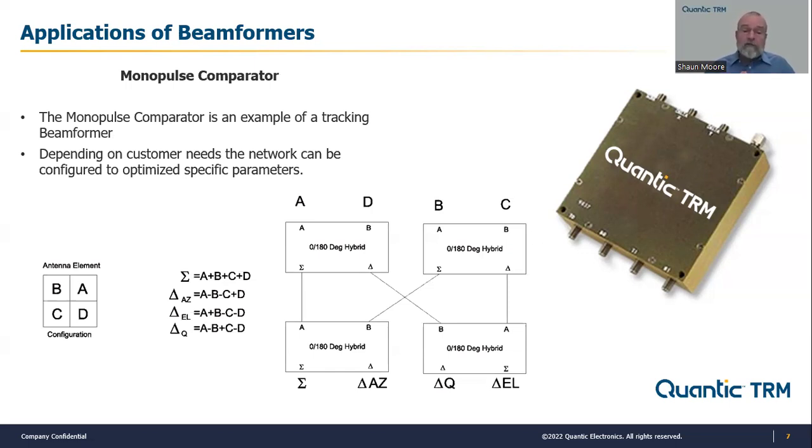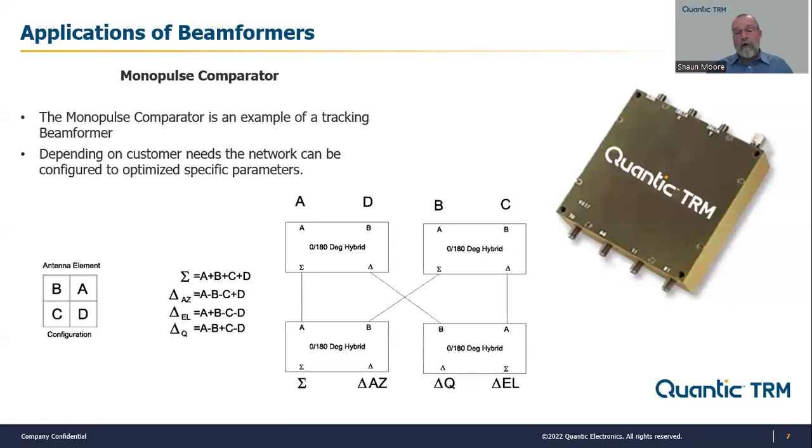The delta elevation and delta azimuth ports give you the differential of the phase in those 2 vertices, and by doing that, you can have your control circuitry set up to look for a null on both delta elevation and delta azimuth while looking for a peak on the sum port. By doing that in a tracking loop, you can ensure that the antenna will always be pointed directly at the source.